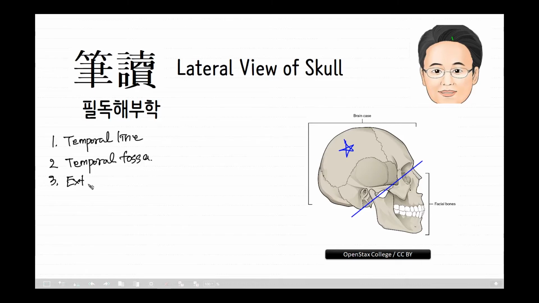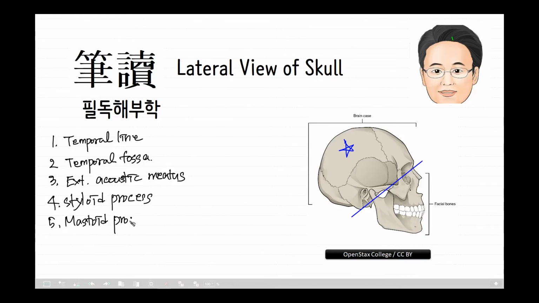number 3, external acoustic meatus. Number 4, styloid process. Number 5, mastoid process. Number 6, suprameatal triangle.